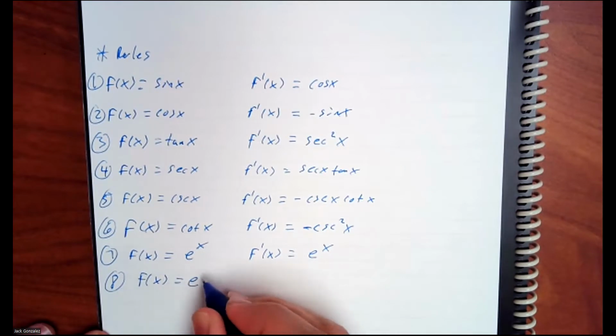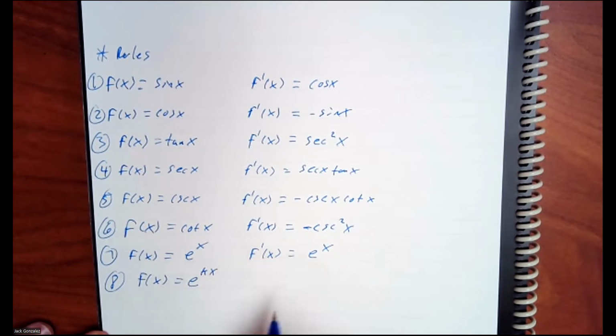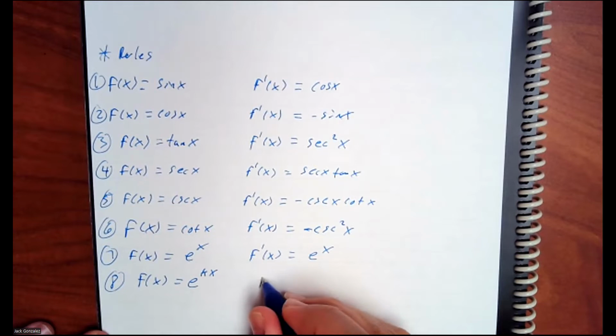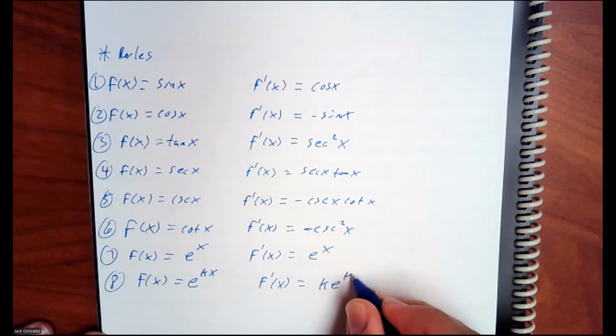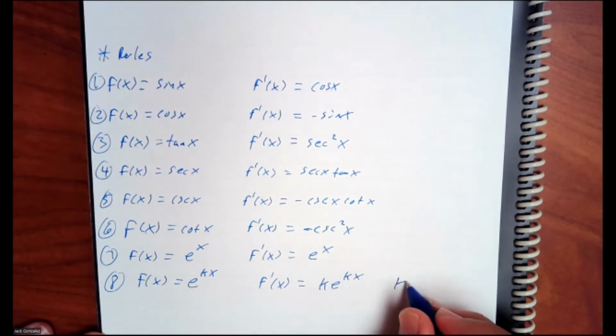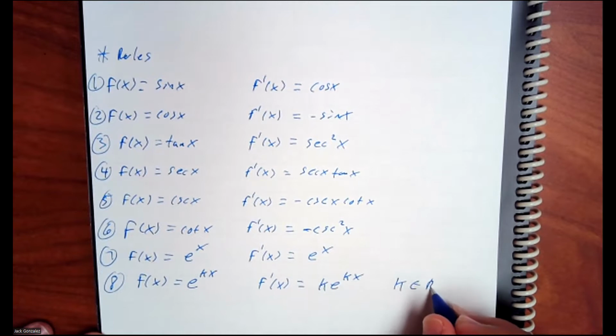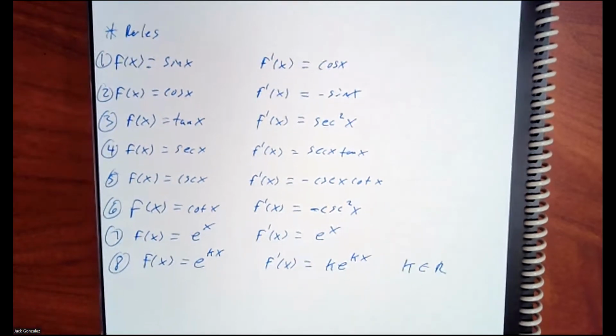Here's a shortcut just in case you'll need this later. You have a number on the x. Let's say it's some k. The derivative would just be k times e to the kx, where k is a real number. And I'll send you a pretty sheet with all this stuff on it later. But we're gonna need this right now, so here you go.